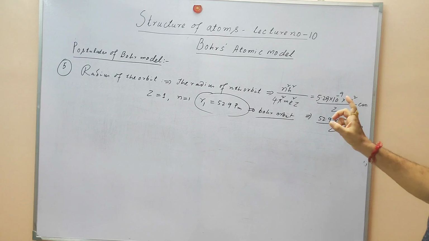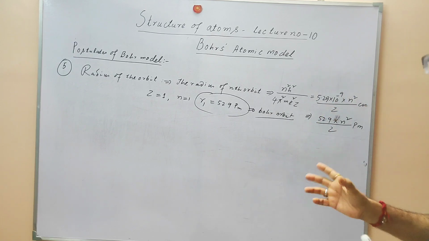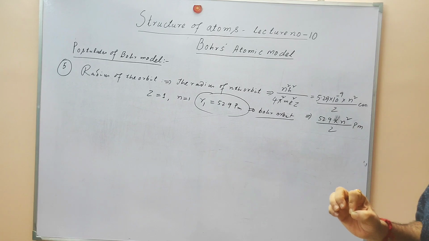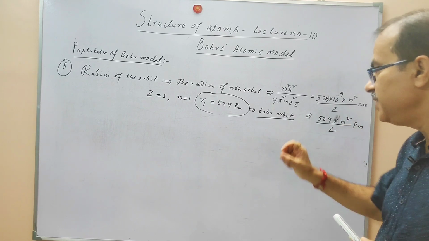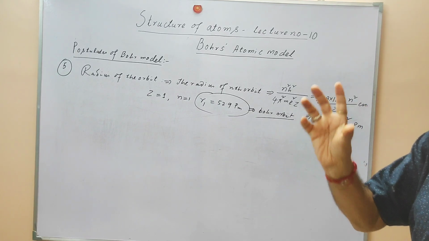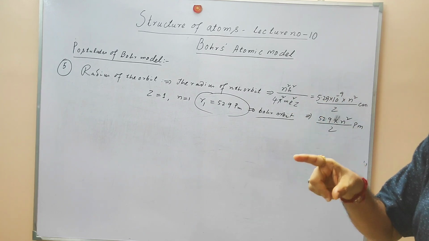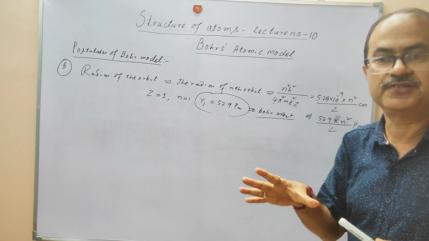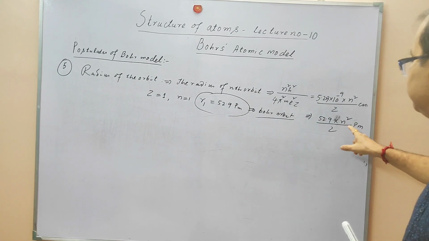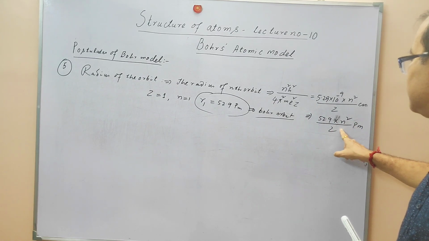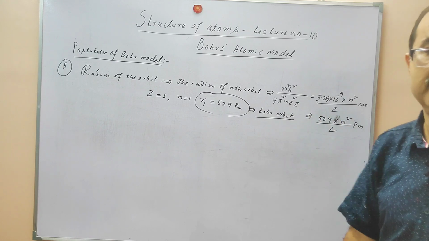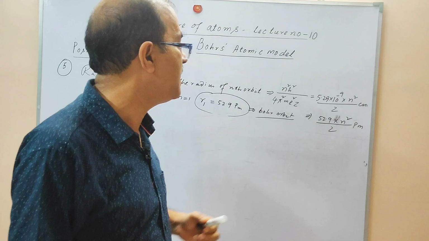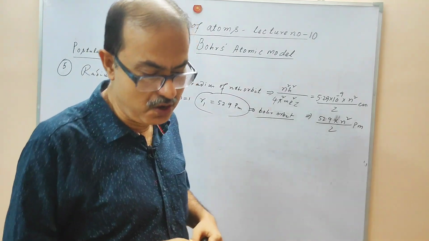That means when we compare the hydrogen atom and He plus, the radius of the first orbit of He plus will be less than the hydrogen's first orbit radius, because Z is higher in this case. Okay, so we now understand the radius of the orbit.